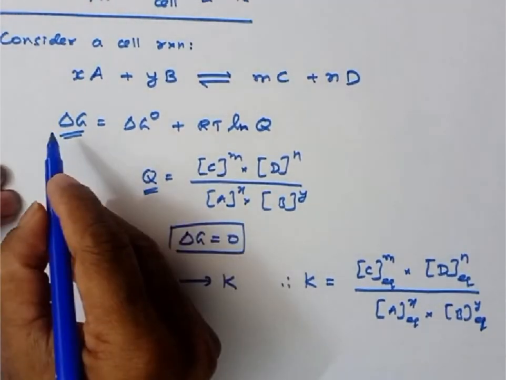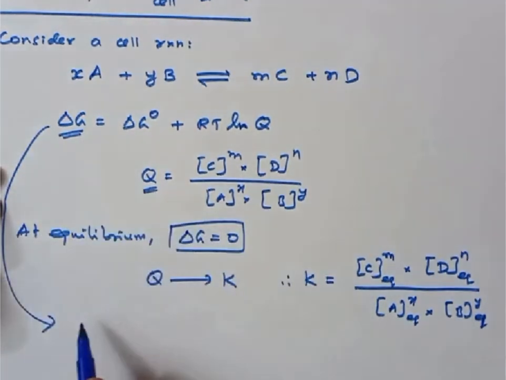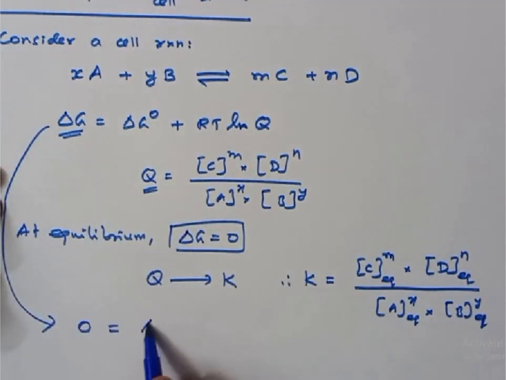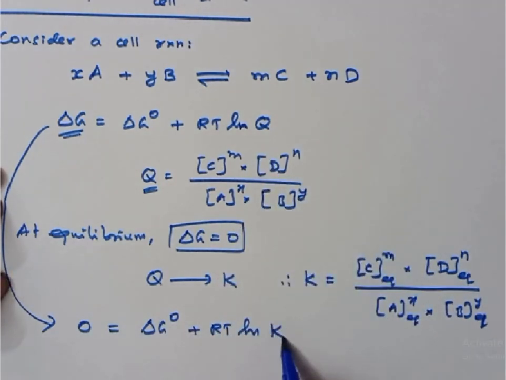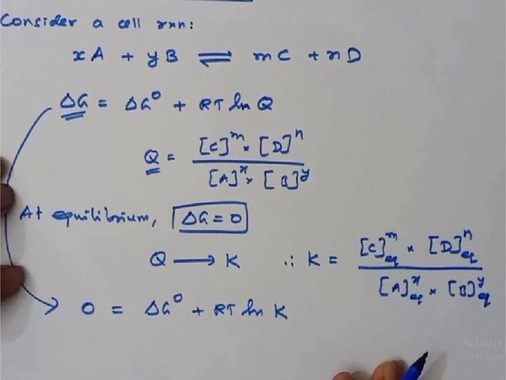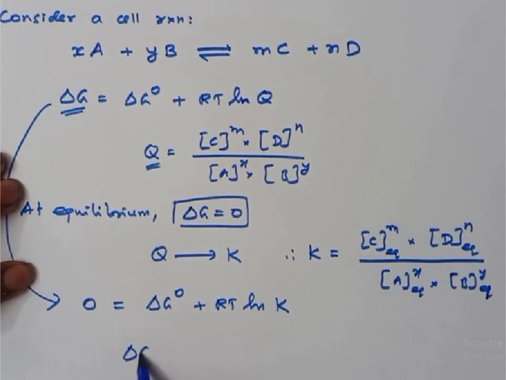Therefore this equation becomes, delta G is 0 at equilibrium, so 0 equals delta G naught plus RT ln, in the place of Q I'll put K, where K is called the equilibrium constant. And what is delta G naught? Delta G naught equal to minus RT ln K. Very very important expression.